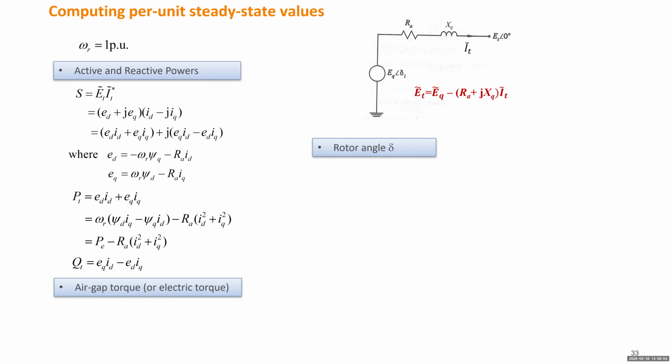You can plug in ED and EQ based on the two voltage equations. So you have this one, and compare to this one. The second item means the power consumed by the resistance of the stator. And the first item really means the electric power generated by the source. So PE is actually the electric power from this EMF. Then some power will be lost due to the resistance, and at the terminal, you only receive PT.